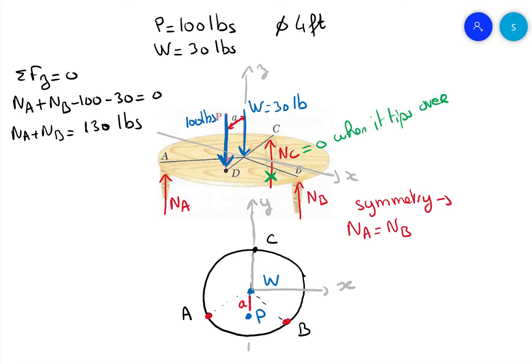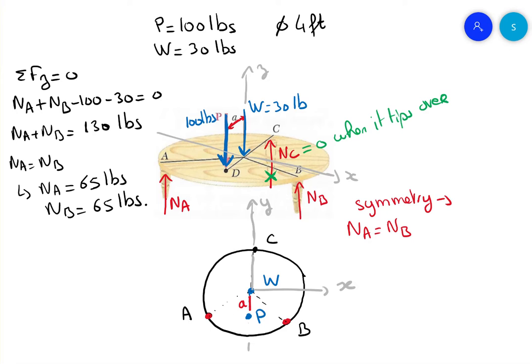And because we know that NA equals NB, if we use the two equations together, we conclude that NA equals 65 pounds and NB is equal to 65 pounds. So we have the value of those normal forces.